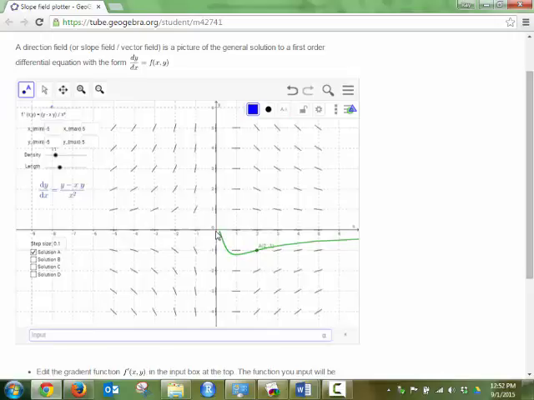And then I have this possibility, or this is the slope field for that.